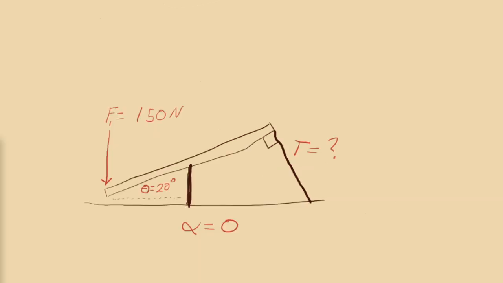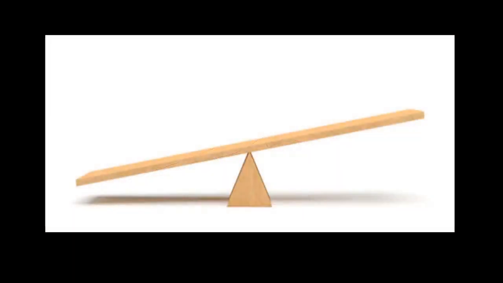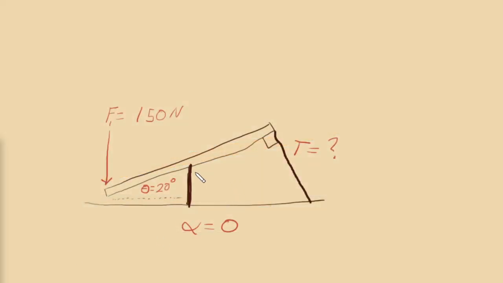All right, so let's look at another problem. Here I've attempted to draw a seesaw. If you're unaware, this is what it's supposed to look like. Basically we have a pivot point, some board as our platform, a force being applied straight downwards, and on the other side a rope that's holding the seesaw back from coming all the way down and touching the ground.